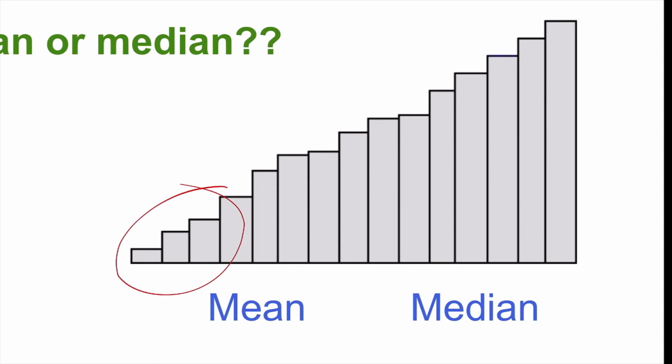That's over there. So if the mean is going this way and the median's staying still, who's going to be bigger? The median this time. Because the mean's running this way now.